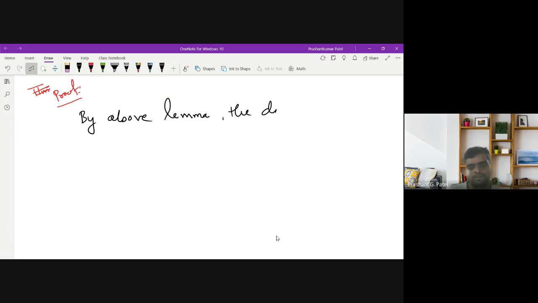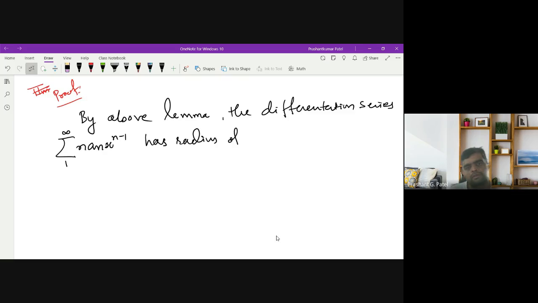the differentiation series, summation n into an x raised to n minus 1 running from 1 to infinity, has radius of convergence R. Therefore, since the radius of convergence is R, by the previous result the power series is uniformly convergent.